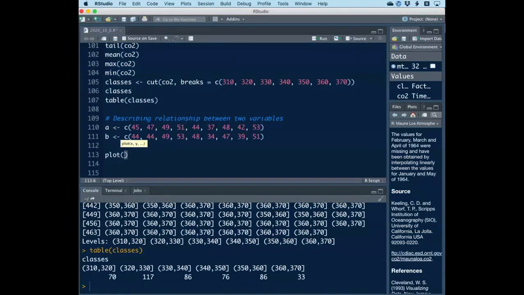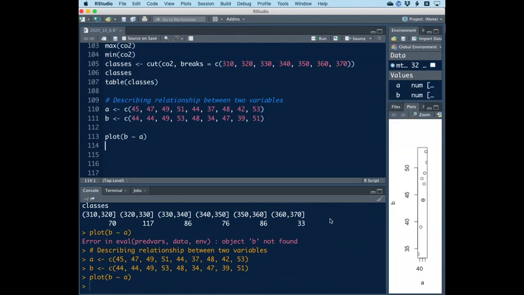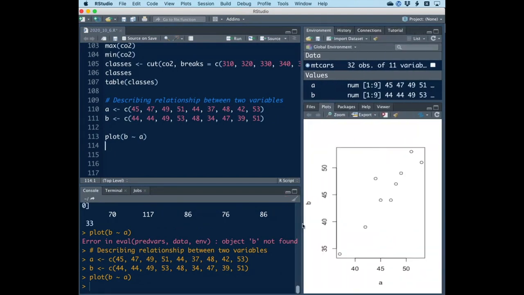I can plot B as a function of A. All right. So you should obtain something like this.